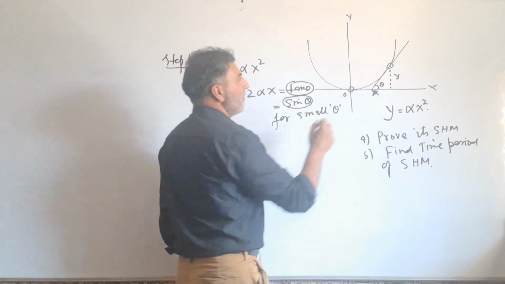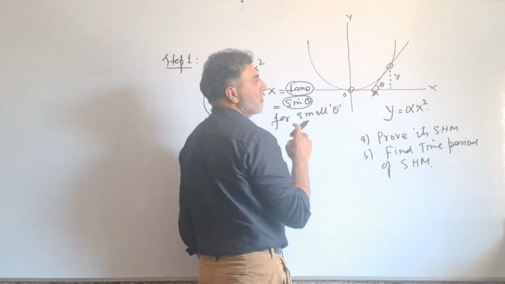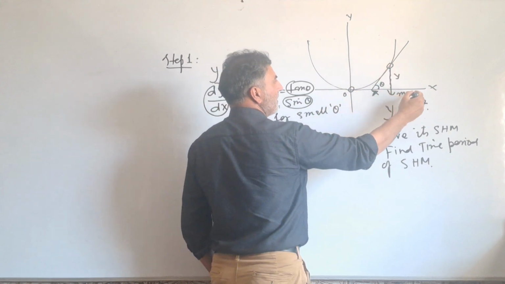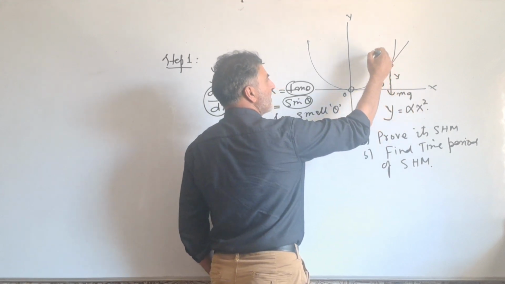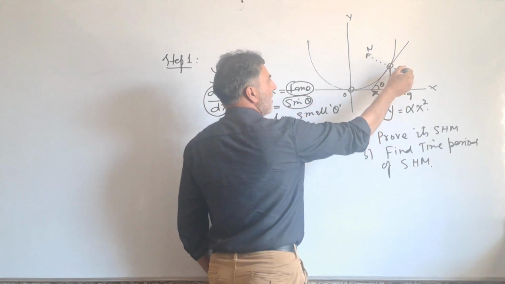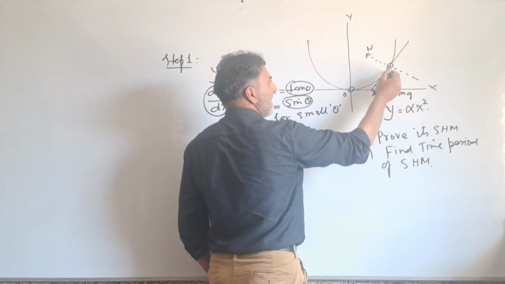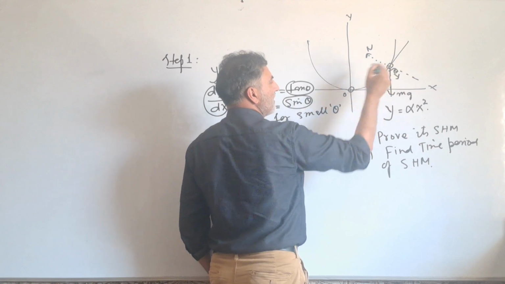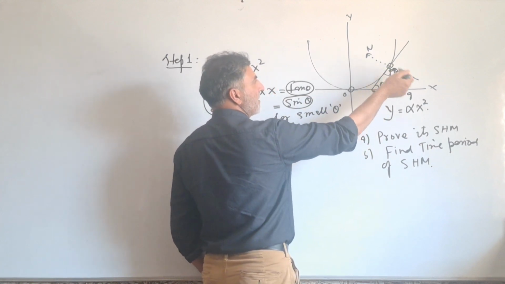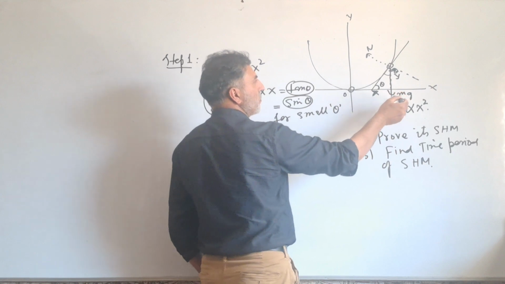Now, let me find the forces on this bead. The force is first of all mg downwards. There is also a normal reaction in this direction. Leave that aside. This angle is theta, this is 90 minus theta, and this remaining angle is again theta. And mg can be resolved into two components.